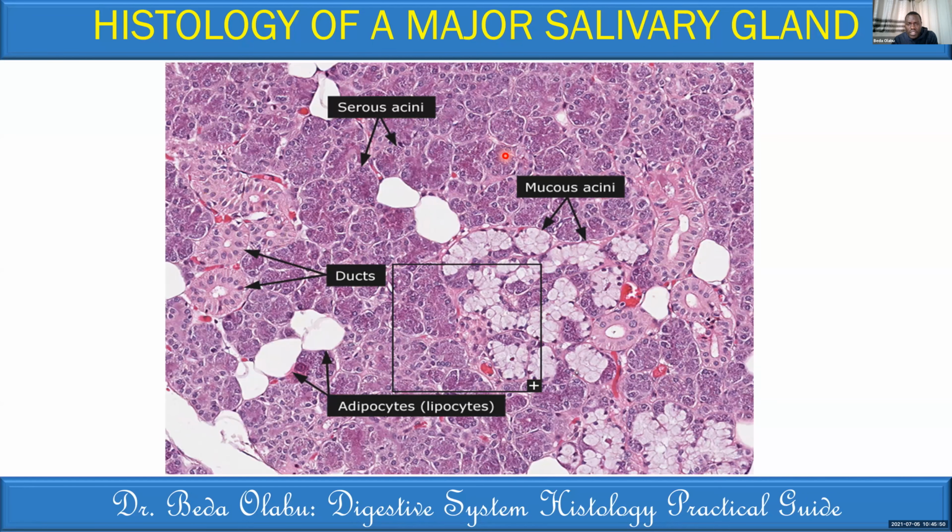The acini which take stain, the ones which pick color, do so because their contents are basically hydrophilic, and so they're able to take the colors that we use in histology. We call them serous acini. So there are two types of acini in a major salivary gland: mucus acini and serous acini.